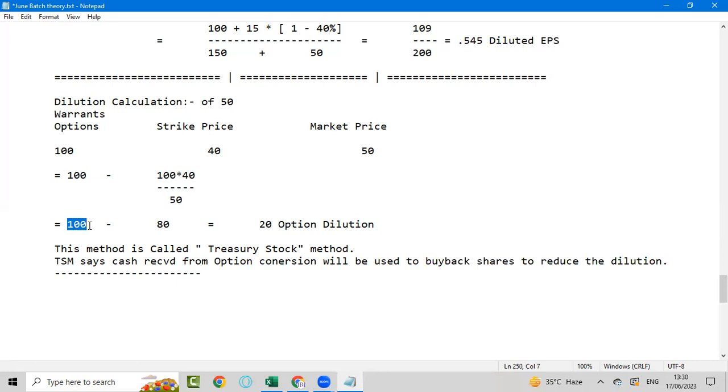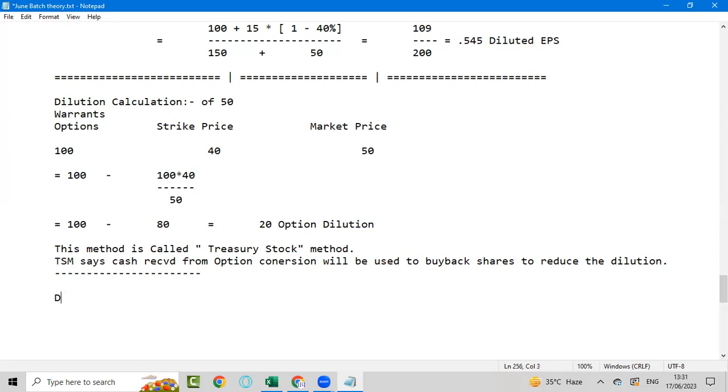The EPS will go down drastically. Is it clear? And we don't want that. So whatever cash will be received, we assume that we will use it to buy back shares. So the net effect on our earnings per share will be because of 20 shares only, not because of 100 shares. Okay.